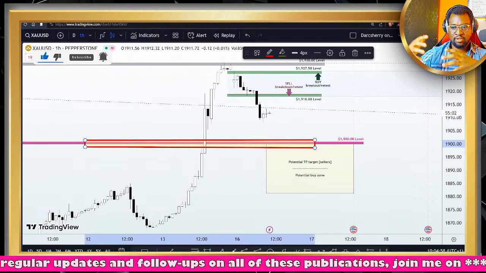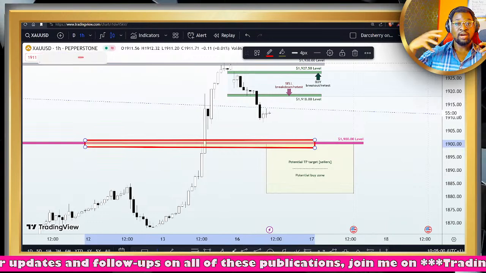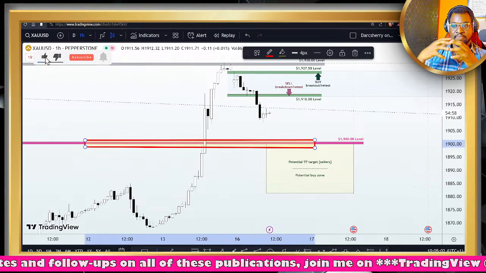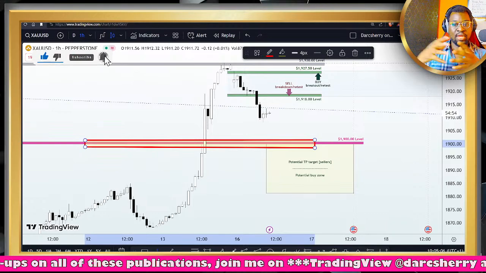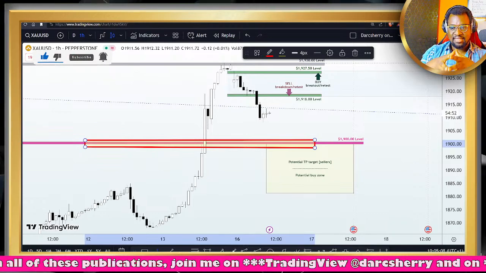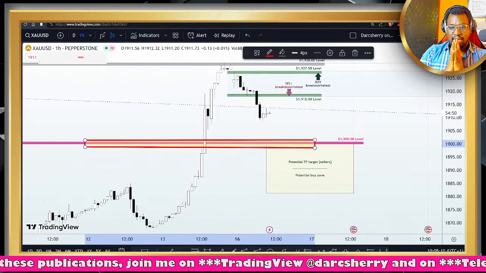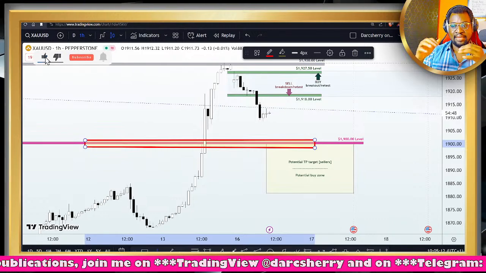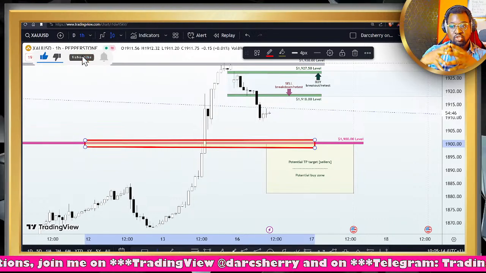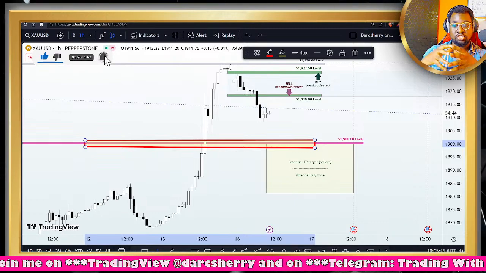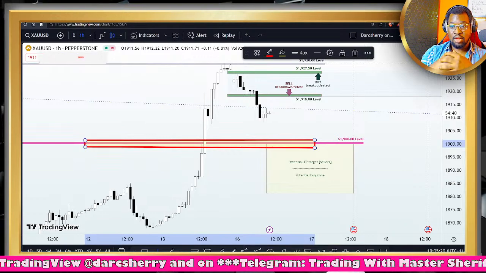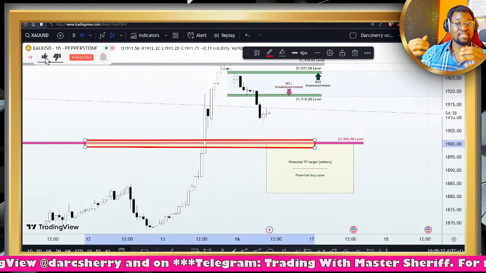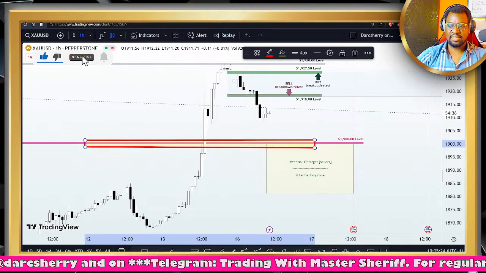So we saw about a $100 turnaround last week Friday, helped by a flight to safety heading into the weekend's geopolitical uncertainty in this market. From what I can say, on Friday investors resorted to covering their short positions on expectations that the ongoing Hamas-Israel war could keep upside risk intact for gold prices.